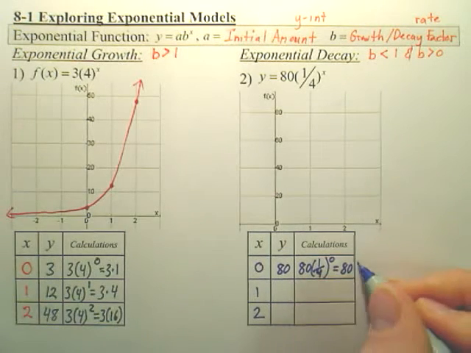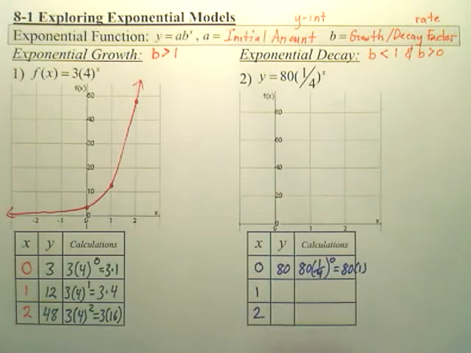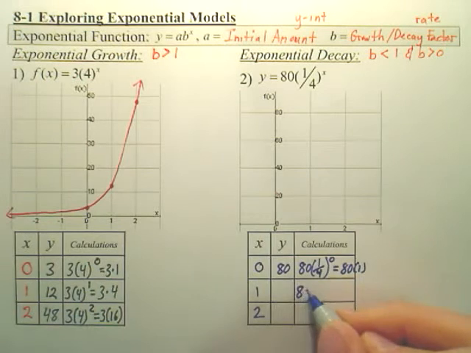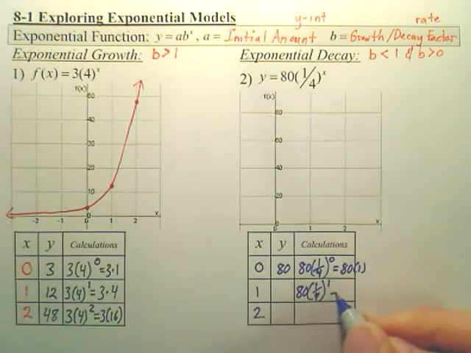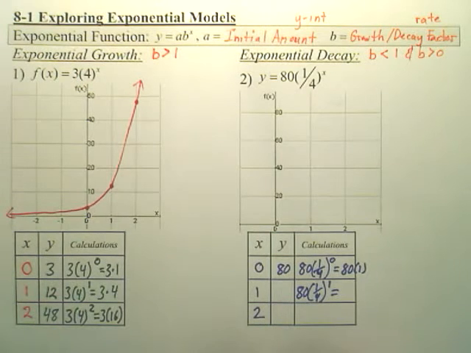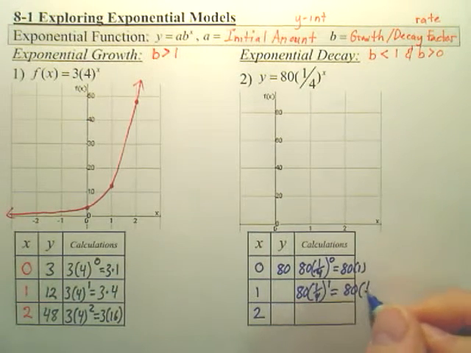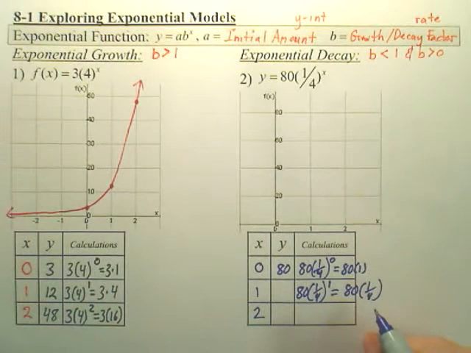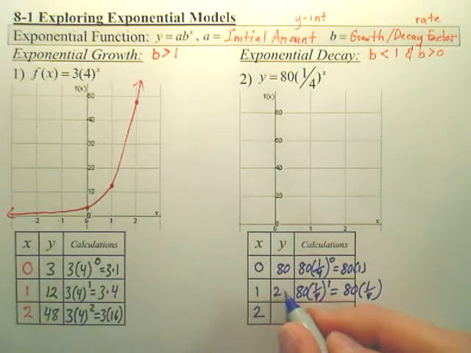It's just 80 times 1. The next one, 80 times 1/4 to the first. Well, anything to the first is itself, so this is 80 times a fourth. I know some of you don't like fractions, but that's basically 80 divided by 4. 80 divided by 4 is 20.